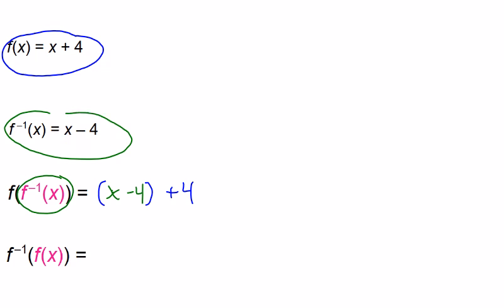So I put x minus 4 in there, and you can see what's going to happen is x minus 4 plus 4, since there's nothing out front, no operation, no exponent or anything like that, I can just ignore those parentheses. Negative 4 plus 4 turns into 0, and all we have left is x, right? So that's what happens when we compose f of f inverse of x. We just get x.